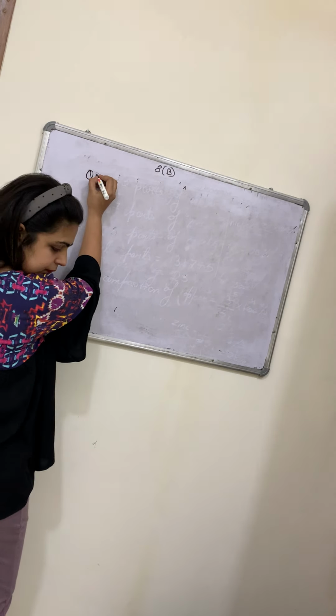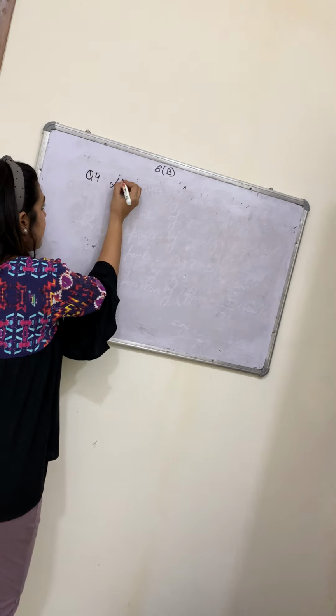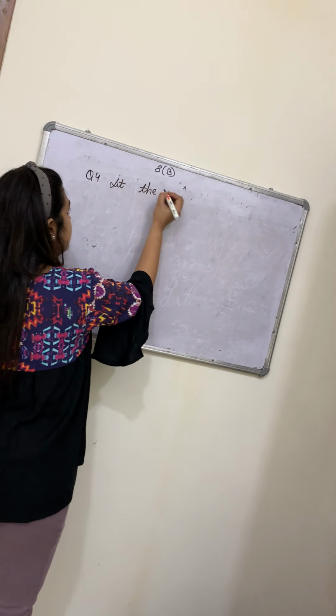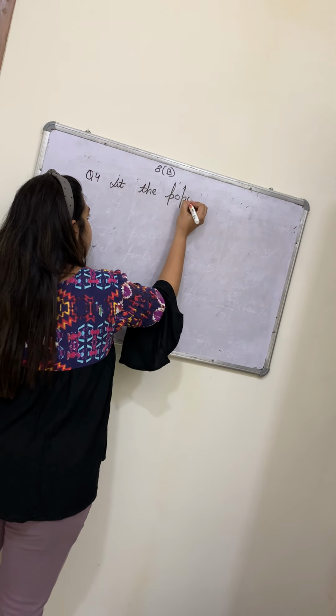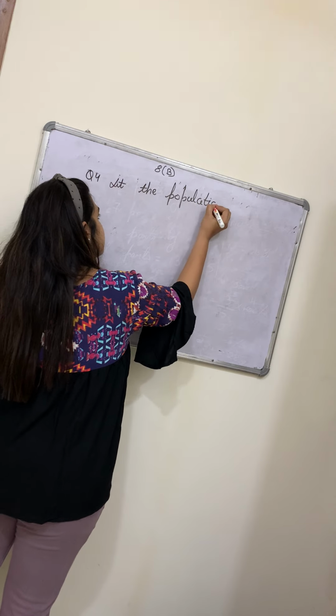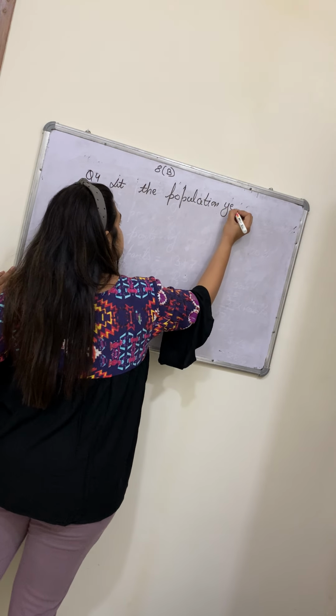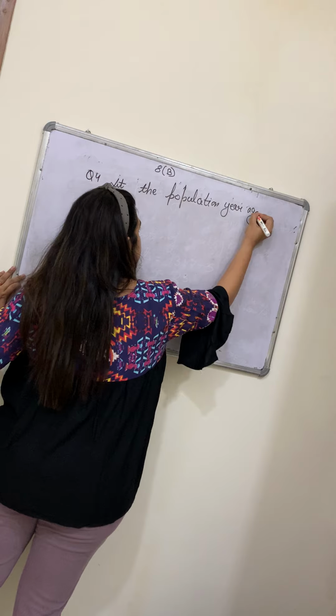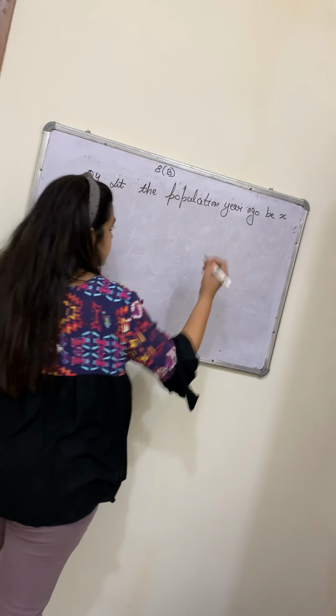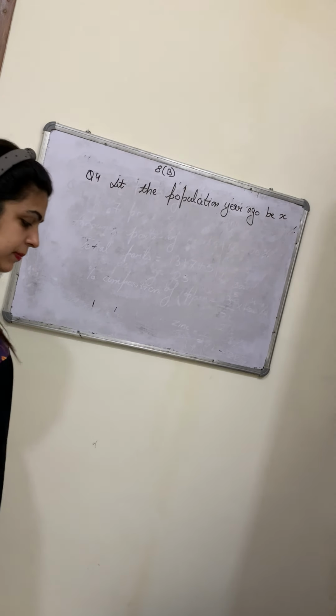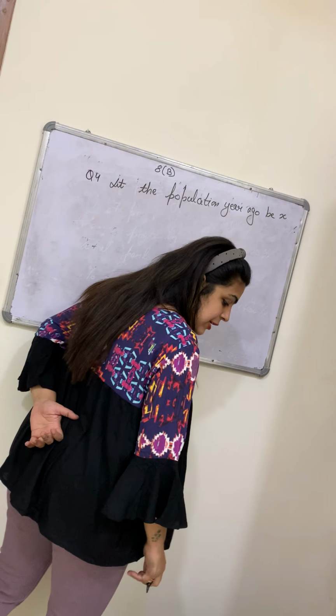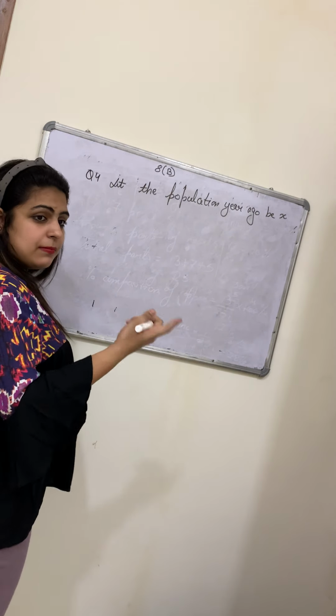Let the population a year ago be X. The population of a town is increasing 10% annually.